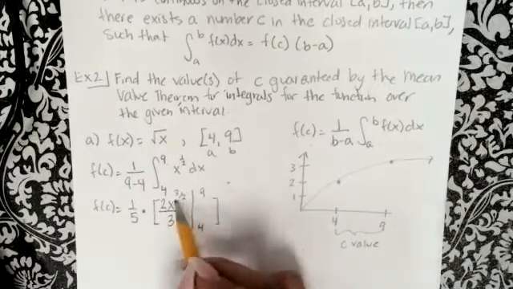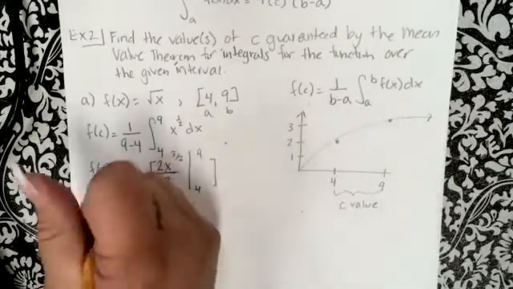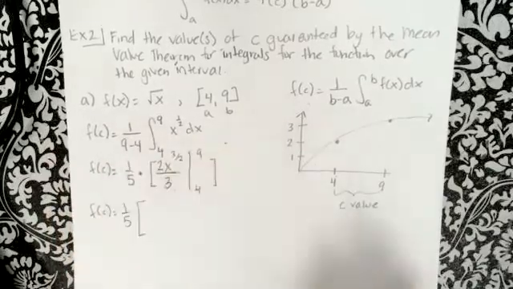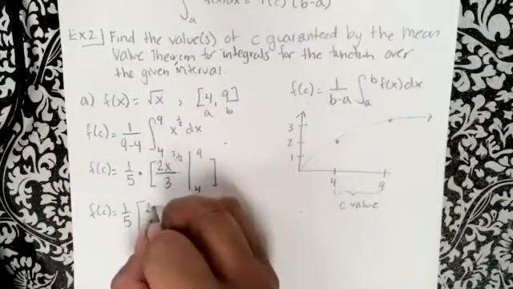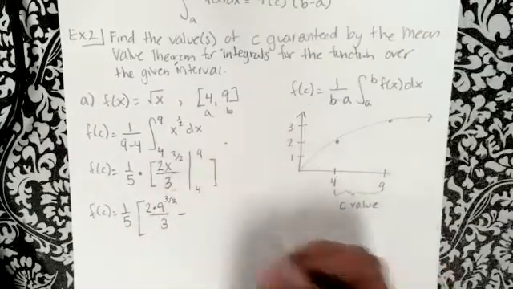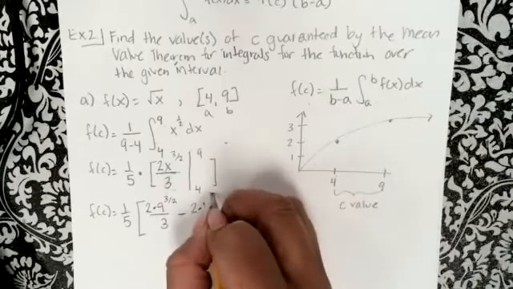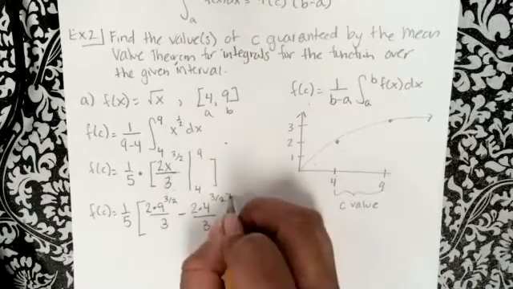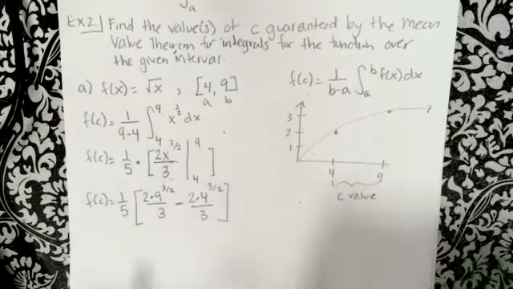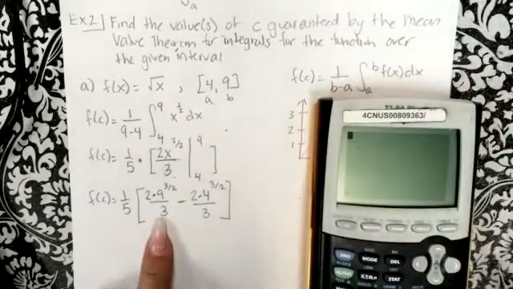I'm just going to plug in the numbers now. Don't forget the 1/5 on the outside. So it's going to be 2 times 9 raised to 3/2 over 3, upper, subtract the lower. Now I'm going to use my calculator and plug that in. I have a fraction, 2 times 9 raised to 3/2 over 3.